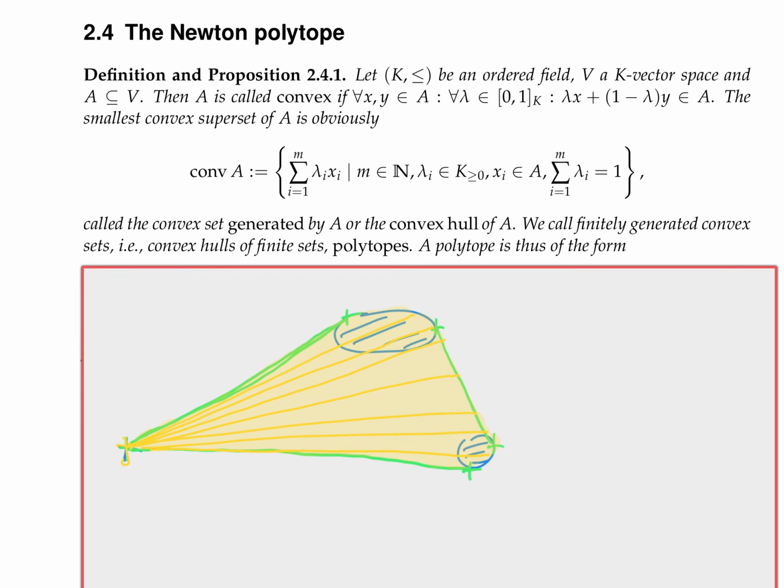And we call finitely generated convex sets, that means convex hulls of finite sets, polytopes, right?